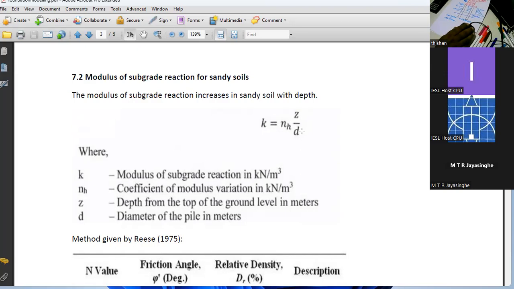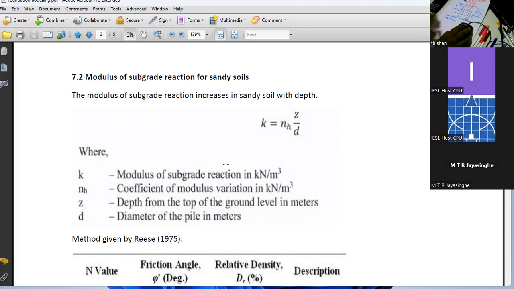If it is a 1.5 meter pile with a spring every 1 meter depth, you have to multiply 250,000 by 1.5. So in sandy soils, as the depth increases, you get massive resistance against the deformation of the pile.